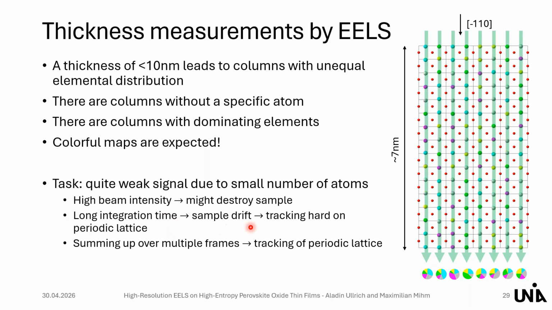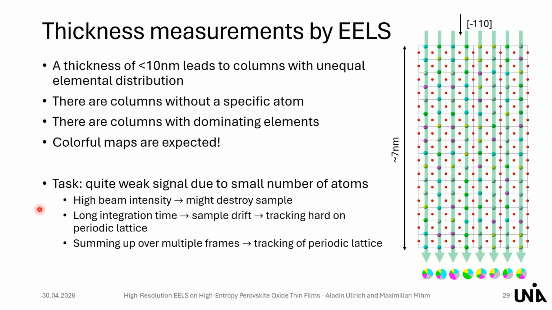Since we have a perfect lattice, the dark field detector that can be used to track the sample sees only the lattice, but of course it doesn't see the elemental distribution. So it will track the periodic lattice, but maybe not at the same place, jumping from one unit cell to the next, and therefore the tracking is quite hard.